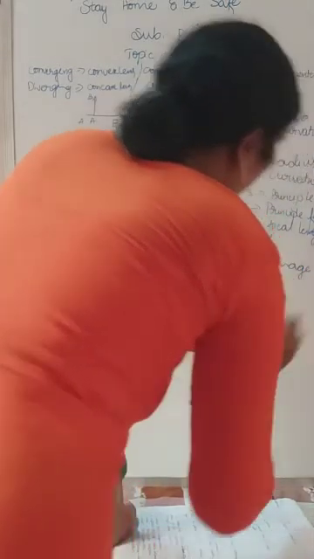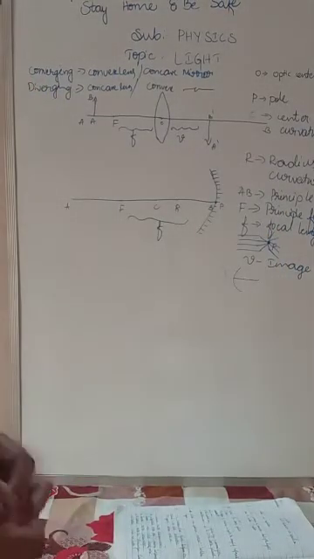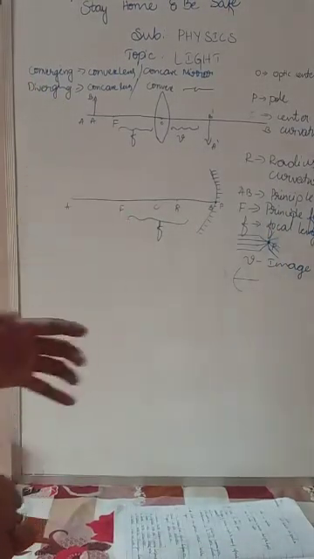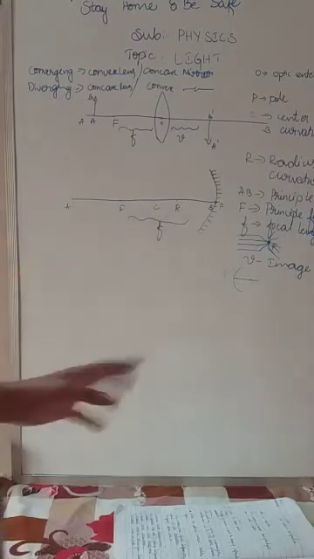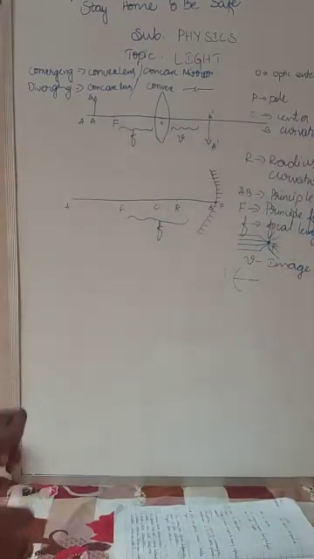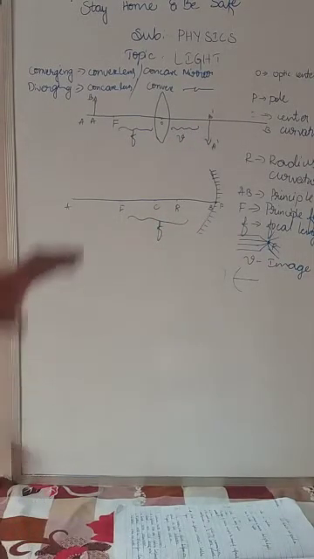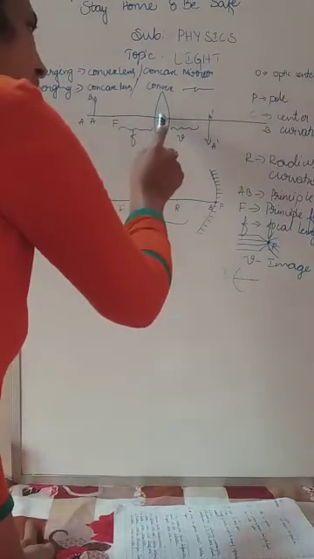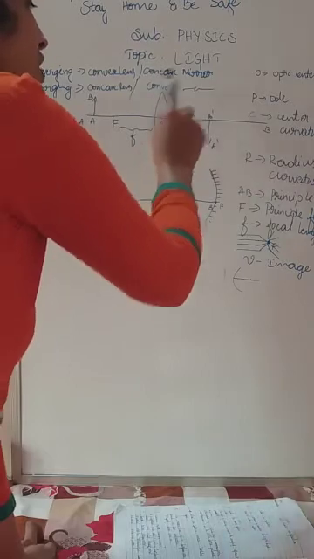Small v refers to image distance. What is meant by small v? Small v refers to image distance. You have to concentrate on that. What is meant by image distance? The distance between the center of the lens and the image.